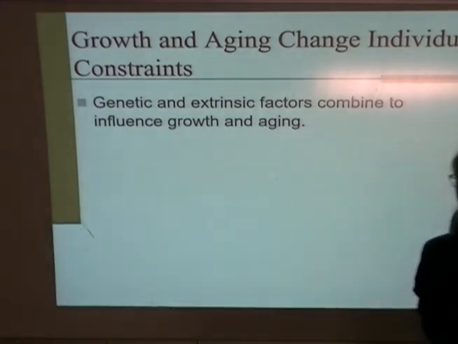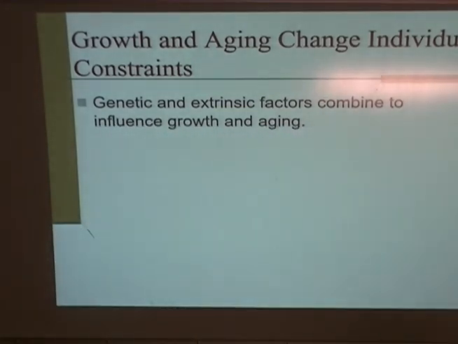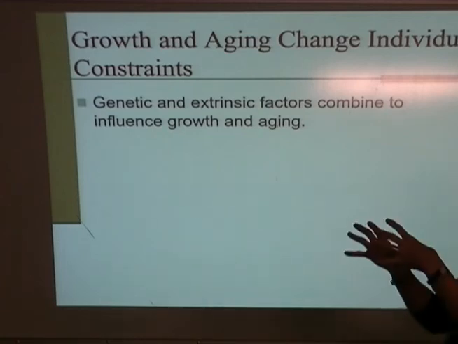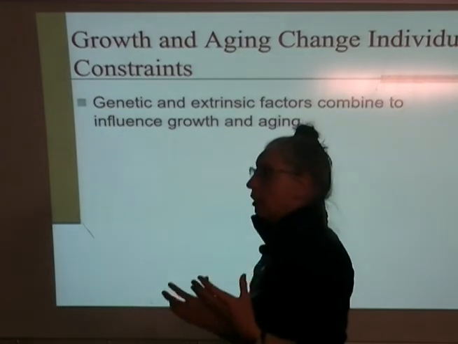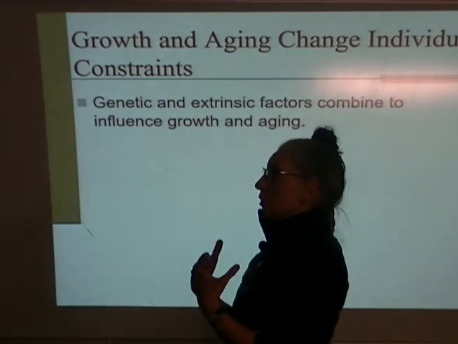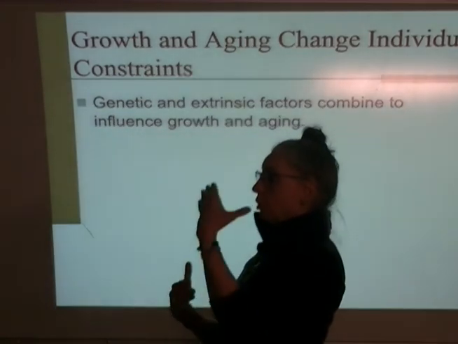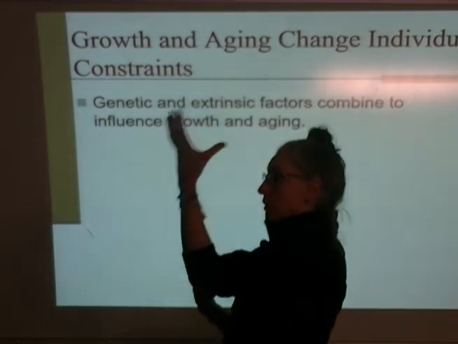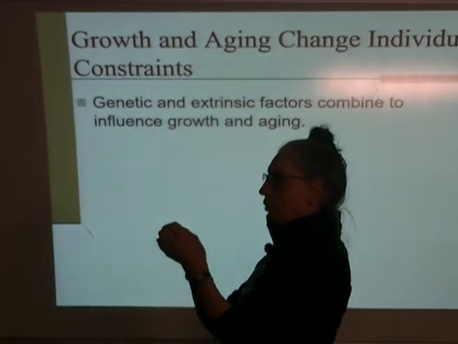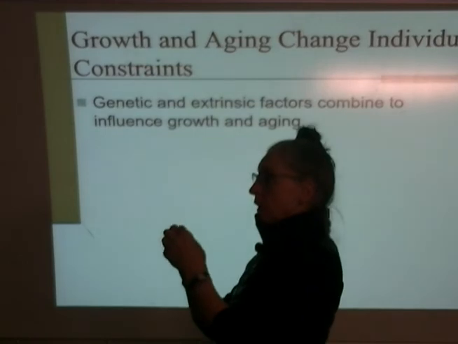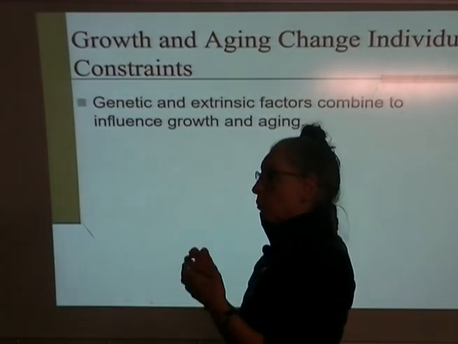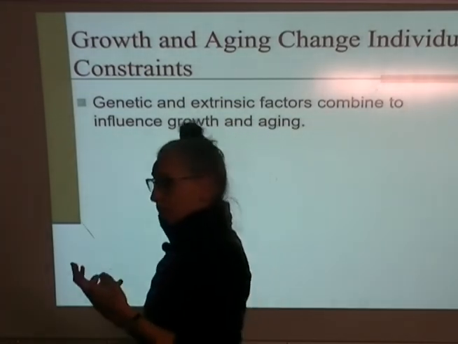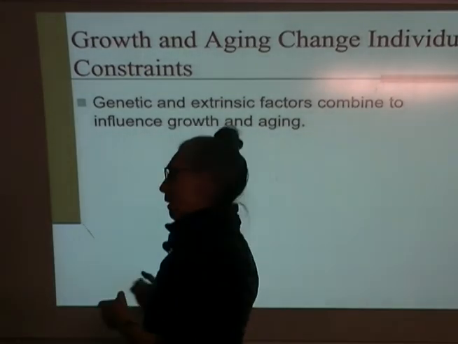So when we're looking at growth and aging, we have 2 influences. We've obviously got our genetic hardwiring, right? And that information from the sperm and from the egg of the parents dictates a lot of what happens when we look at growth and aging across the lifespan.